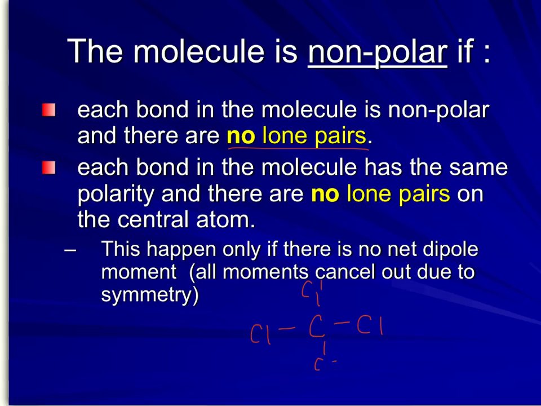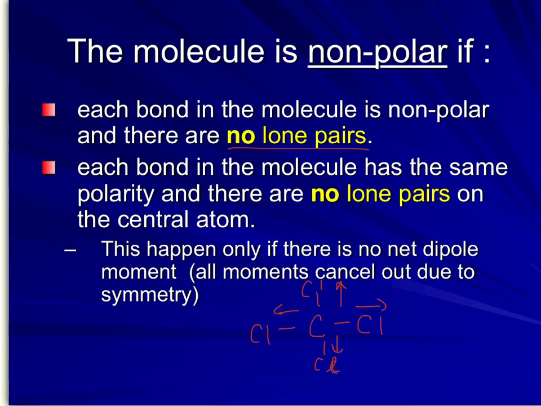Chlorine is a 3.0 electronegativity, and carbon is a 2.5, so that does make all of these individual bonds polar, but carbon itself has no open spaces, so all of these dipole moments cancel each other out. So even though there's polarity within the individual bonds, the entire molecule itself is nonpolar.